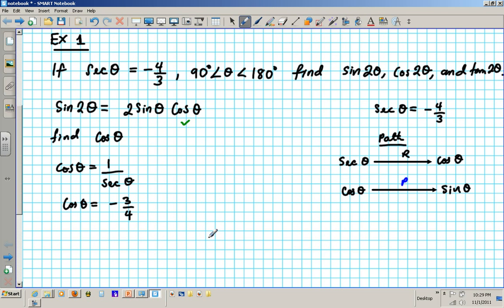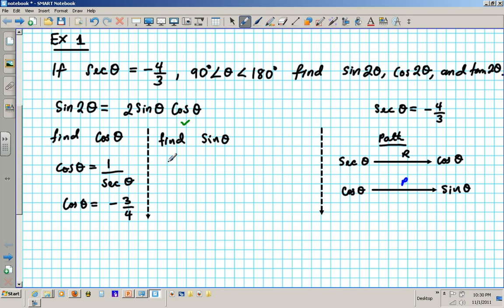Okay? So we found cosine. Now I'm going to partition my workspace, and we're going to find sine right here. So write this down, find sine theta, because we need sine theta for this piece of the sine 2 theta formula.